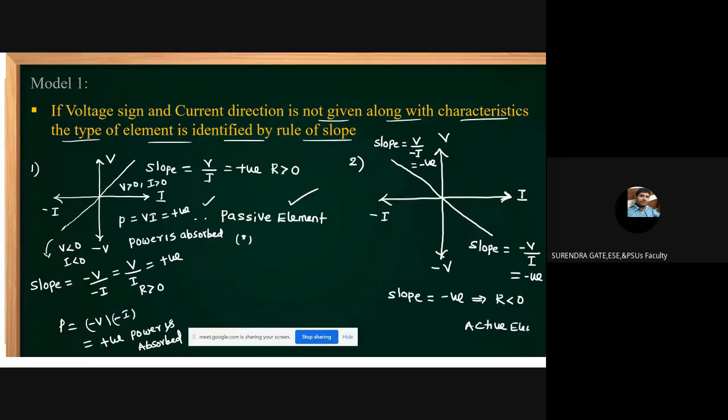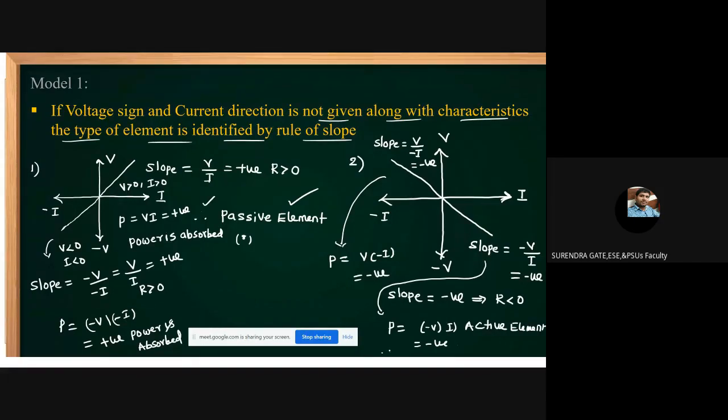But in this case, we can also apply the concept of power. But the best method is to go for the slope. If you want to go for the concept of power, P equals V into minus I. Voltage is positive, current is negative, so power is negative. Here P equals minus V into I, power is negative. Power positive means it takes, it absorbs the power.